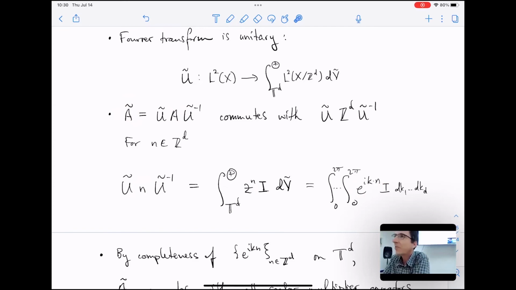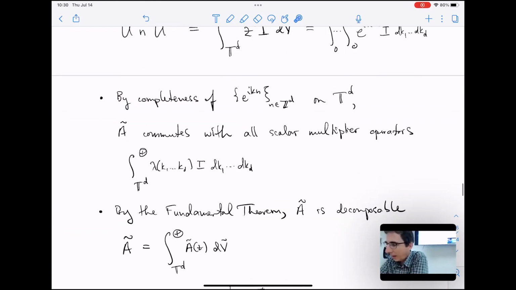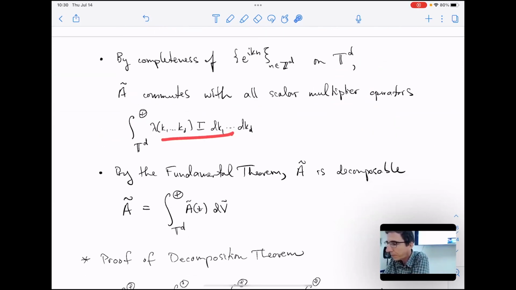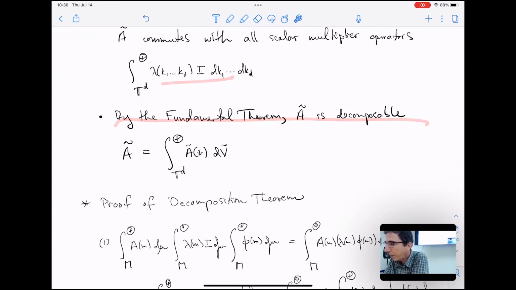And therefore, by completeness, A tilde commutes with all scalar multipliers of this form, and by the fundamental theorem, A is decomposed.